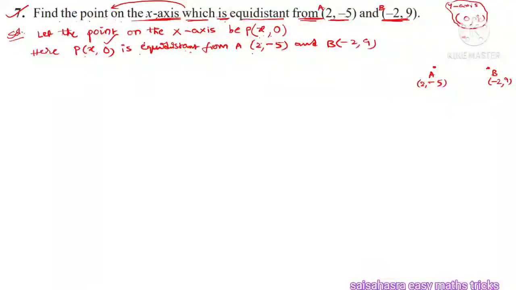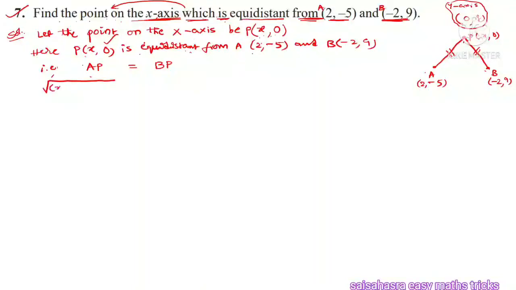Let us suppose the point P(x, 0) is here. From A point, how much distance this point is there? From B point also the same distance will be there. So AP distance is the same as BP distance. Both are distances only, so we will apply the distance formula.